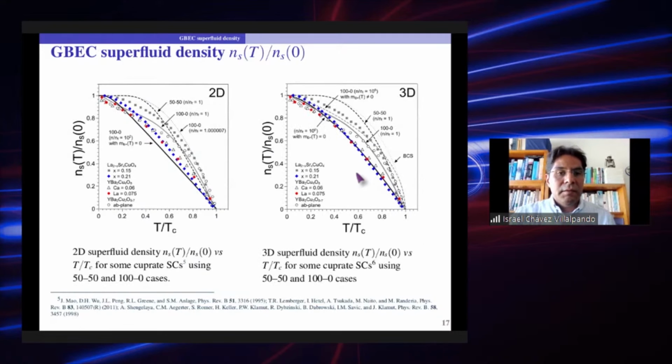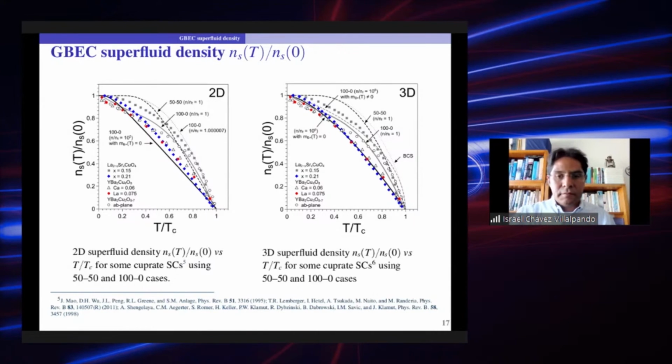So this is the two-dimensional system, and we are comparing for some cuprate superconductors using a 50-50 case and 100 case for the weak and strong coupling. And once again, this 2D system is using a linear dispersion relation. And this is the three-dimensional system. It's the same cuprate superconductors, and you can see that in the 3D system, the BCS superfluid density is far from the experimental data.